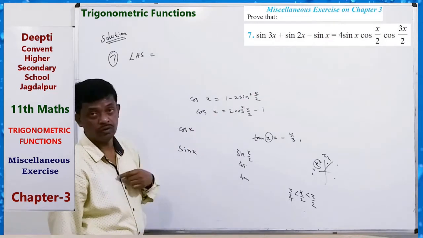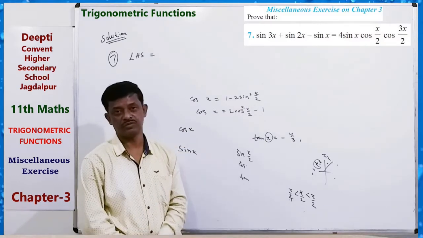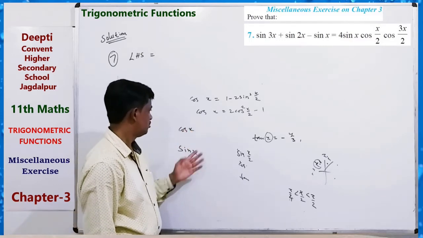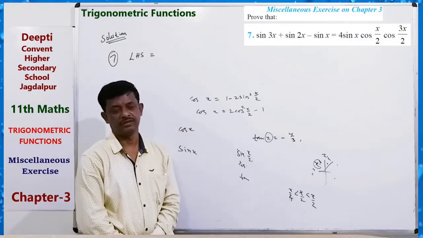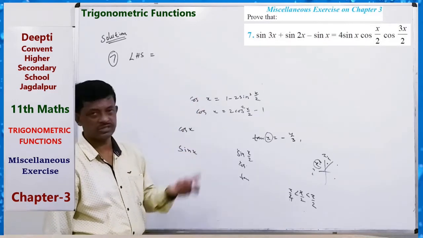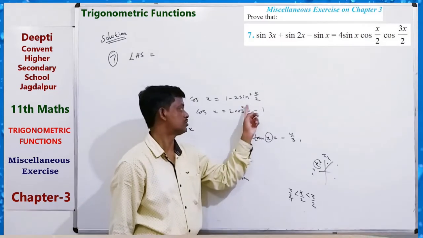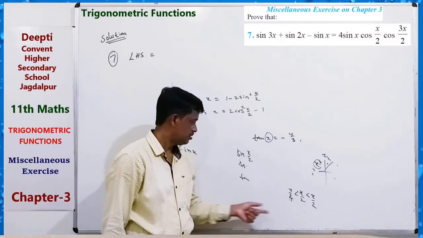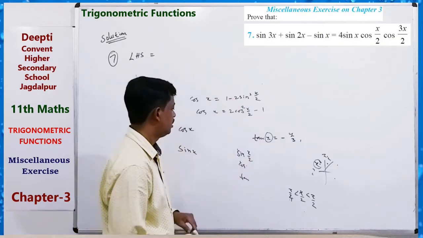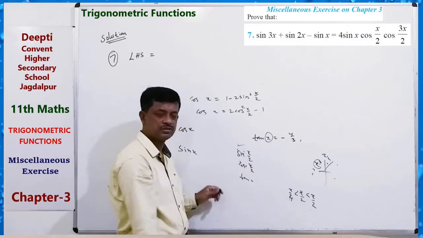Now, if we know cos x, then we can get the value of sin x by 2 by using this formula. Okay, we can get this. Clear? So if we know the value of cos x, then we can get the value of sin square x by 2 and cos square x by 2, and the sign can be taken from this decision. They all are positive, so positive sign will be taken. From here we can get sin x by 2 and cos x by 2, and tan x by 2 equals sin by cos, so we can get the value.